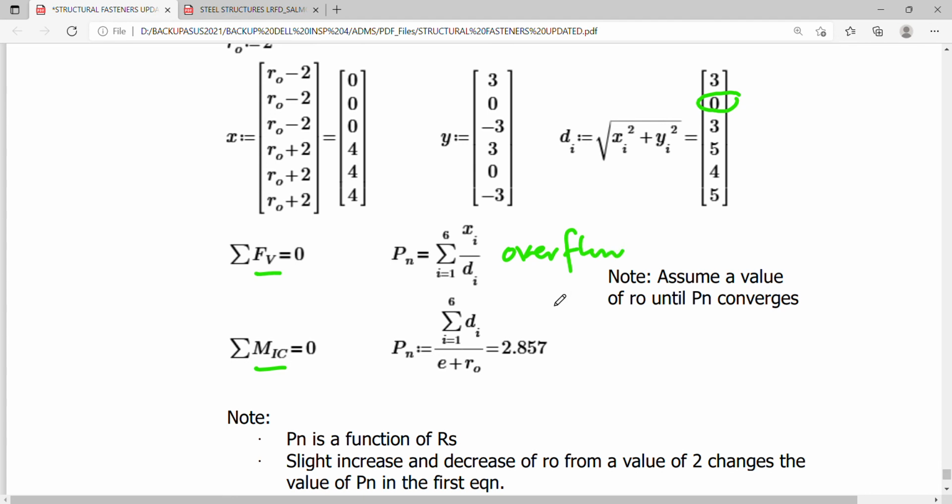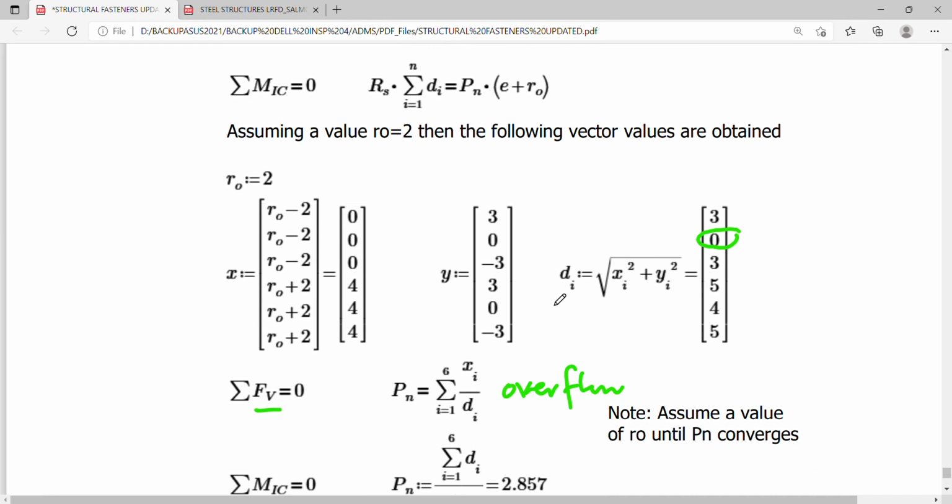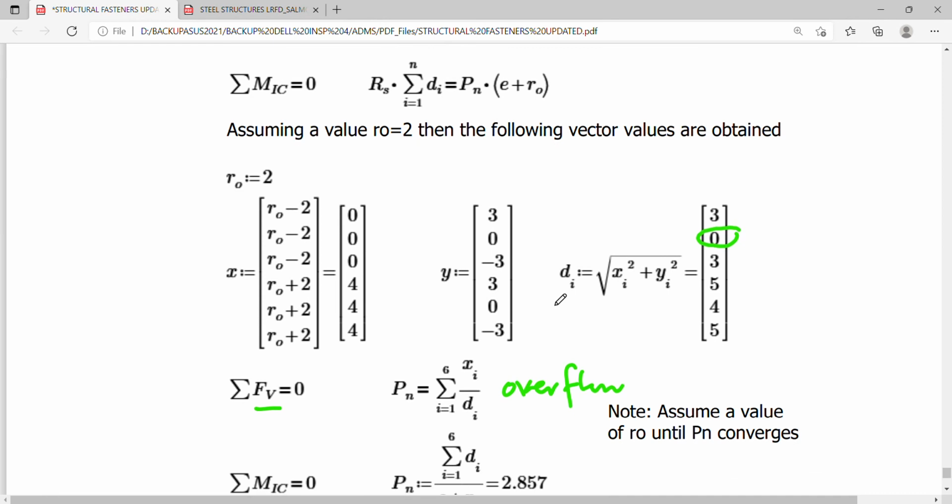Okay, so a good technique here is to assume a value very near to convergence. Let's say this is 0.0001 or simply 1.999.